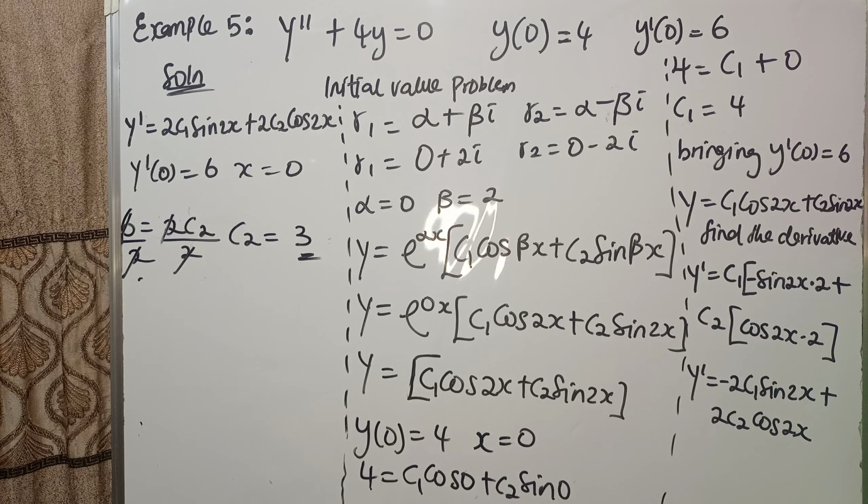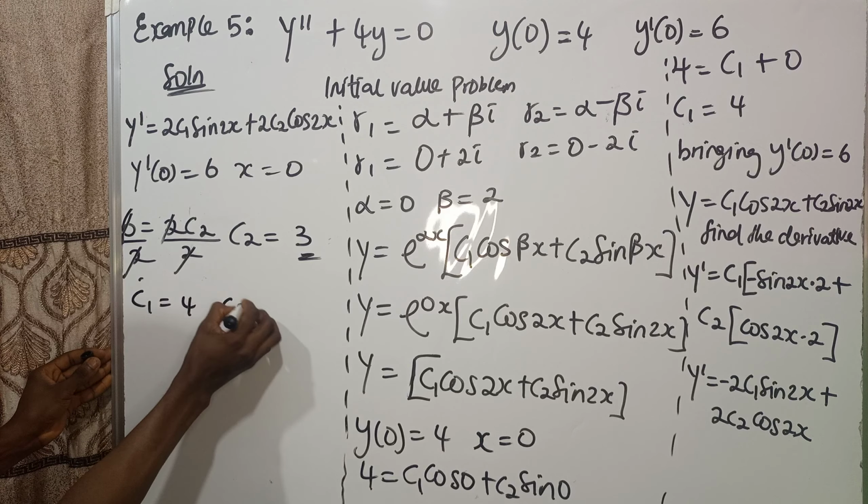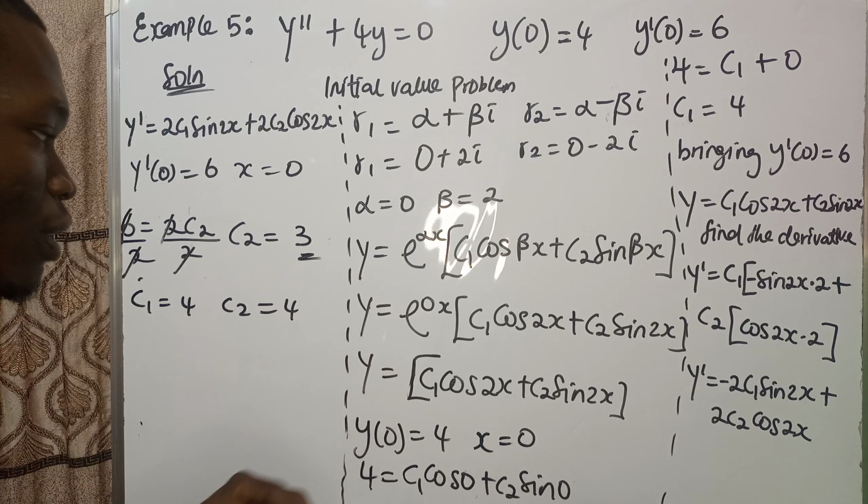Now, our c1 is equal to 4 and c2 is equal to 3. These are our initial value constants.